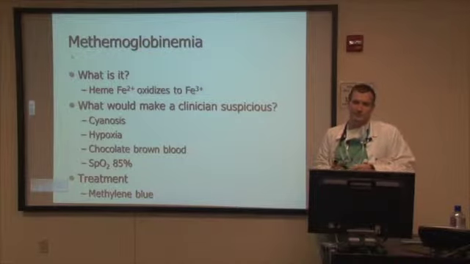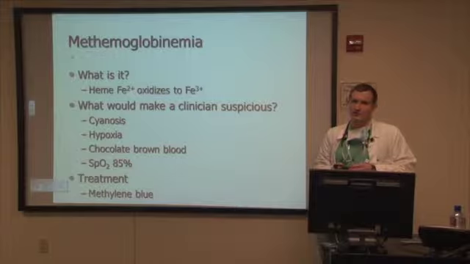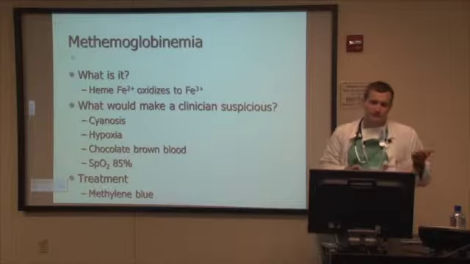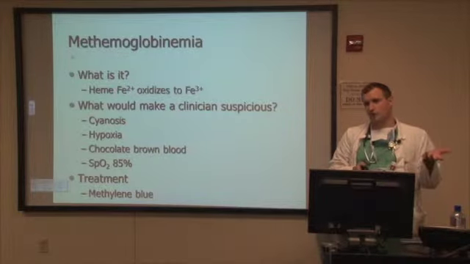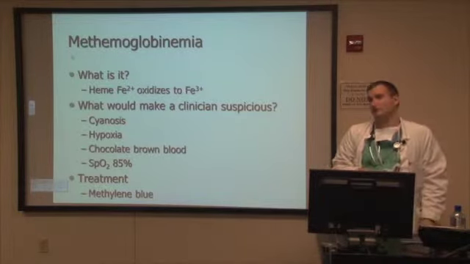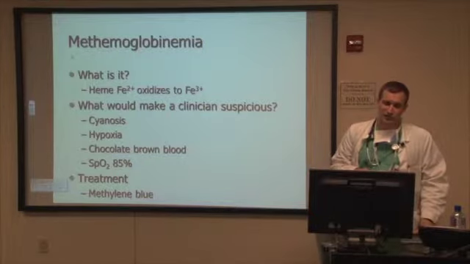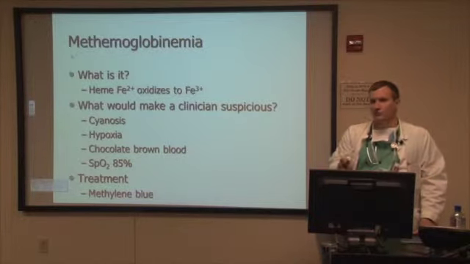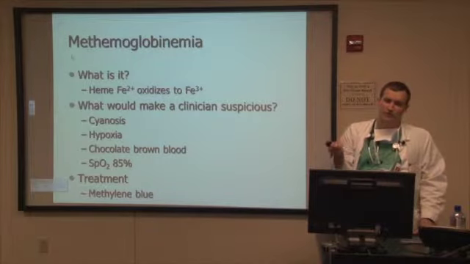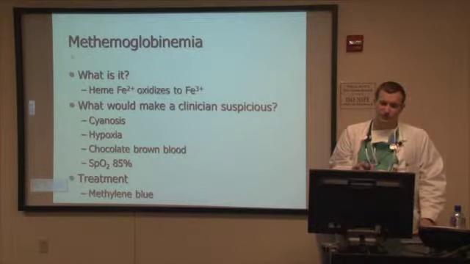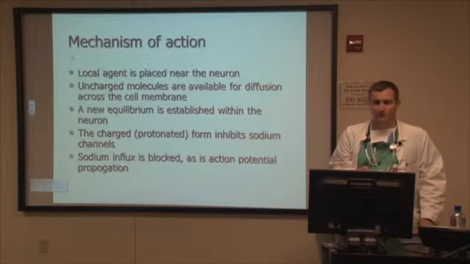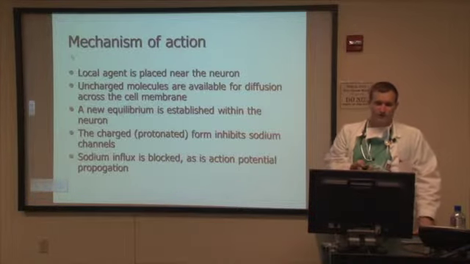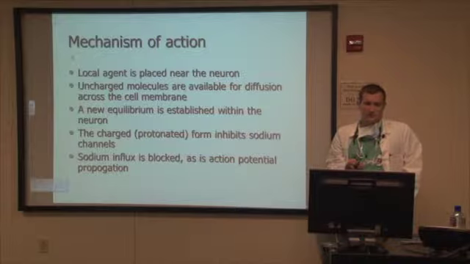These patients get cyanotic, meaning they appear blue, okay? They get hypoxic. If you were to draw some of their blood, say for a gas, their blood looks kind of brown. And because of the way that methemoglobin absorbs light, with the pulse oximeters that we use, their pulse oximeter tends to read right around 85%. Anyway, that we already talked about.